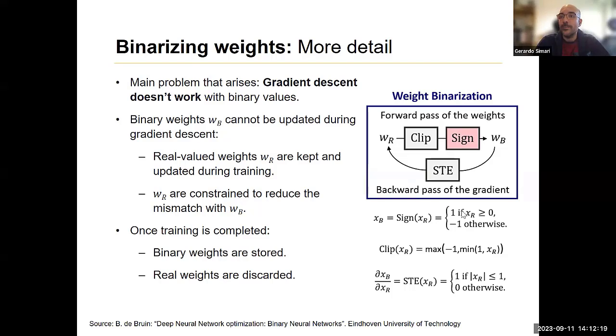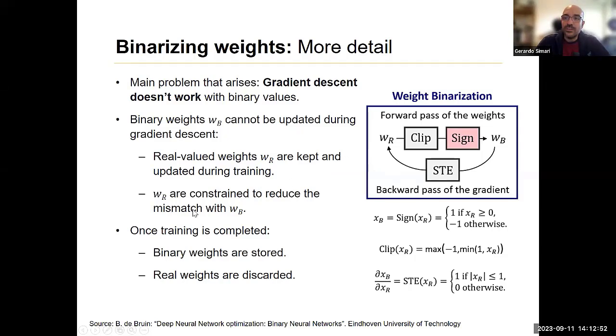So you keep real valued weights, because binarized weights cannot be updated during gradient descent. You just have nothing to work with, essentially. They're kept and updated during training with this scheme here. You clip the values so you can calculate the sign function, and then on the way back you do the straight through estimator.